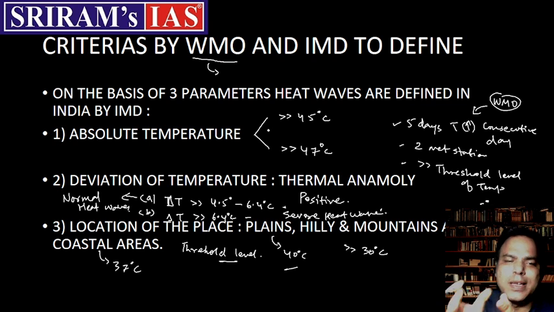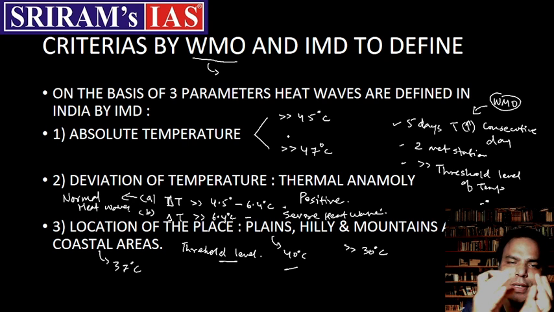But it's not only the absolute increase in temperature in that location, but also the deviation in temperature. So what is the absolute increase in temperature in these locations? For a normal heat wave, the temperature in the plains should be above 45 degrees. For a severe heat wave in the plains, the temperature should be above 47 degrees.